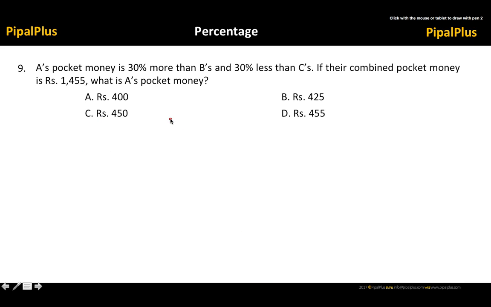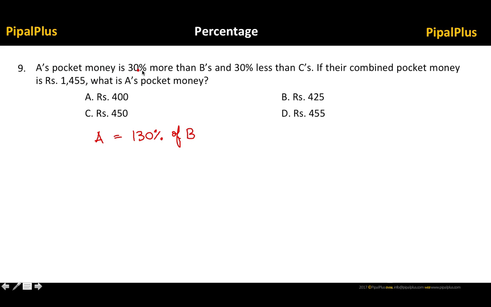Okay, so now again another question where the relationship between two or three entities is expressed in percentages. So let's say A's pocket money is A, B's pocket money is B, and C's pocket money is C. It is given that A's pocket money is 30% more than B's. So what A gets is 130% of B, right?